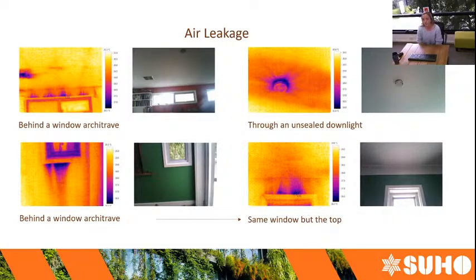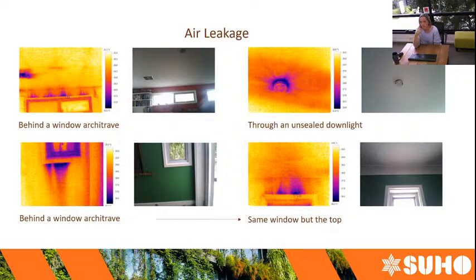On the top right side, that is a downlight, an unsealed downlight. And this house had probably about 16 or 20 downlights in their living area, and each one of them was unsealed. So they were all leaking like this. The purple marks that look a bit like paint has been splashed across the surface, that's air movement.